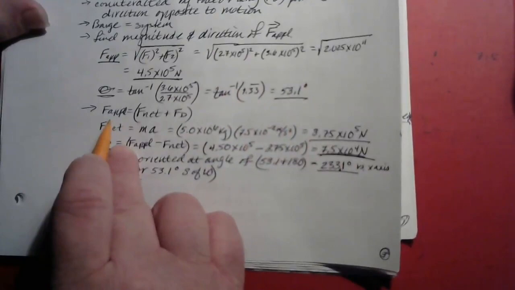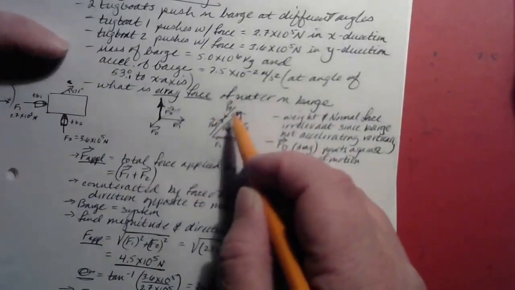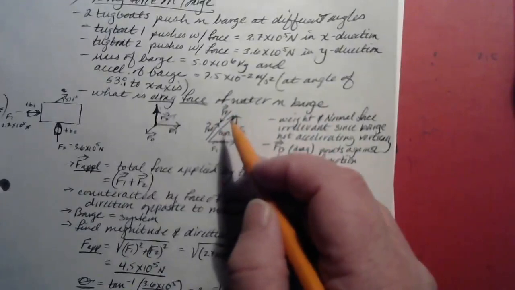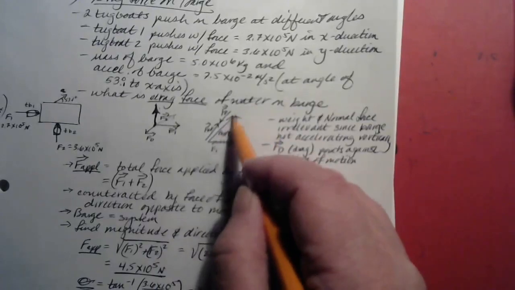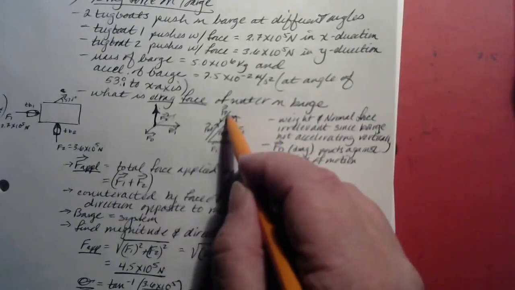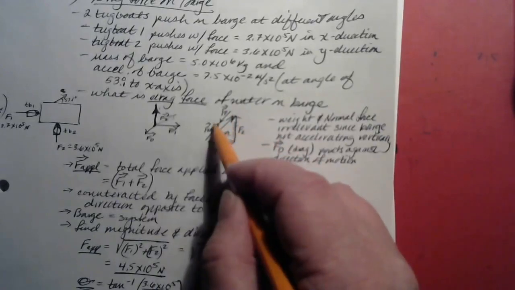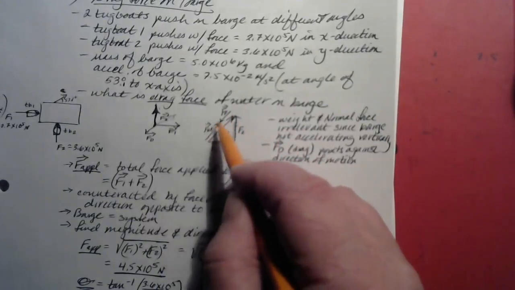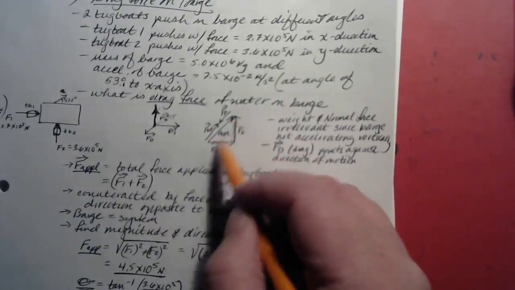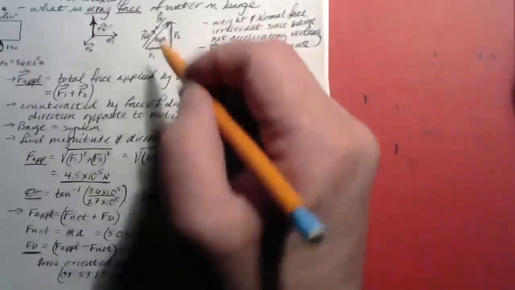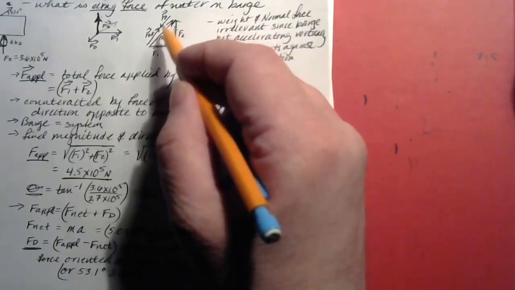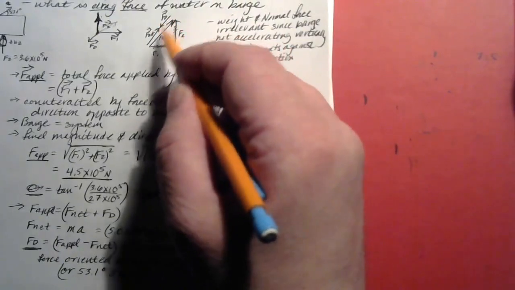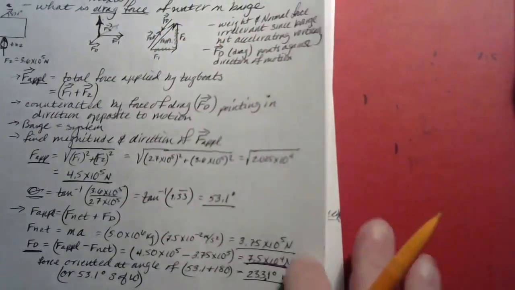Now, the applied force is the total force that the tugboats actually apply to the barge. Some of that applied force is overcome by drag, and some of it goes into the net force that actually produces the acceleration. And so we can represent that like this. The magnitude of F applied is equal to the total of FD, the force of the drag, plus F net, the force that's left over after subtracting out the drag.